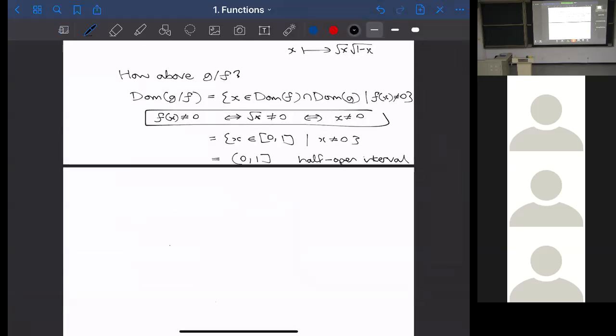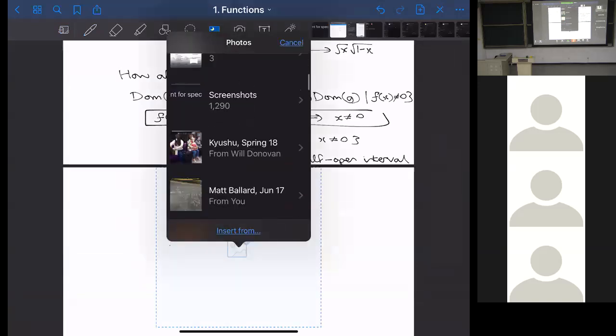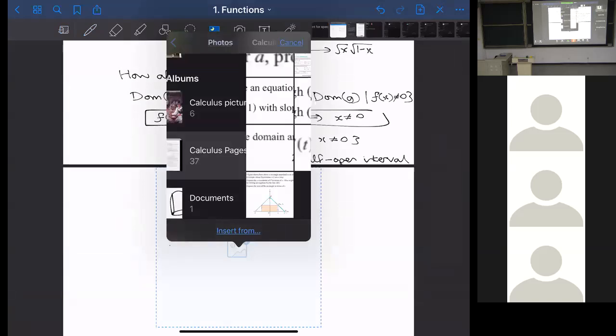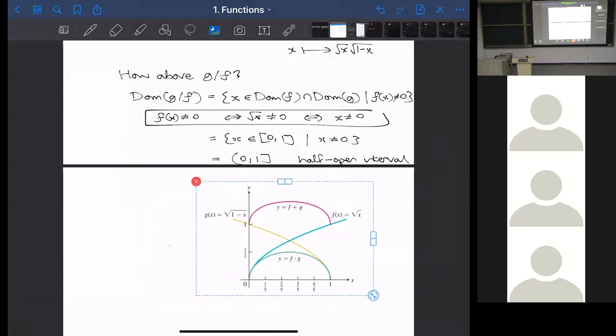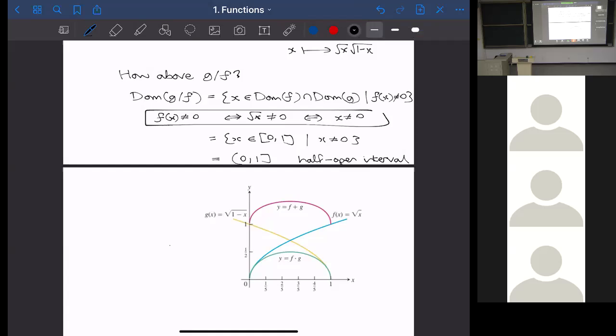Okay, so now let's sketch these functions. Well, actually, I'll copy a sketch from the book. So we have function fx here and gx here.